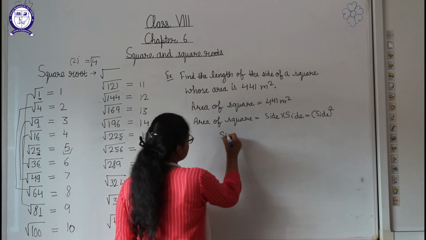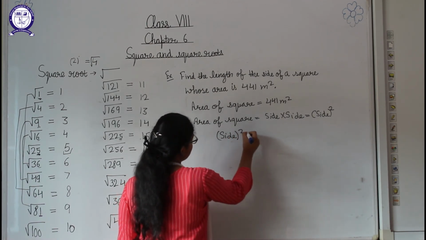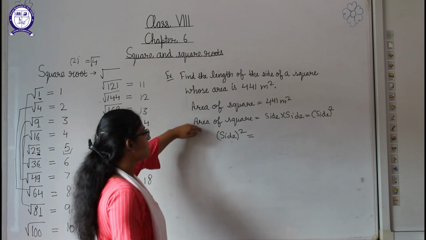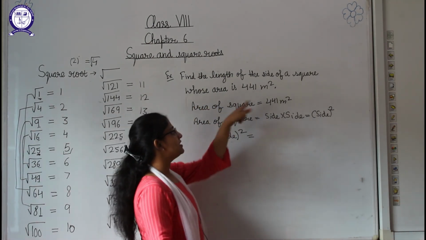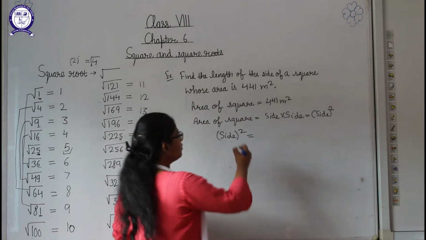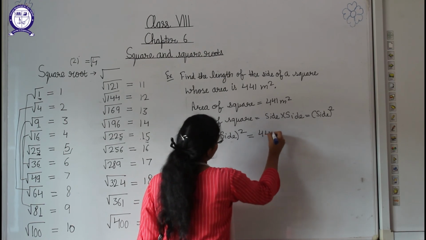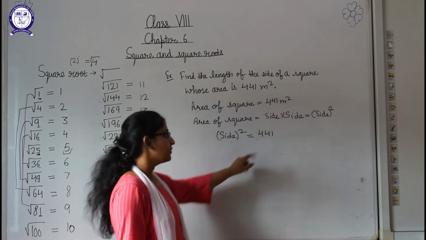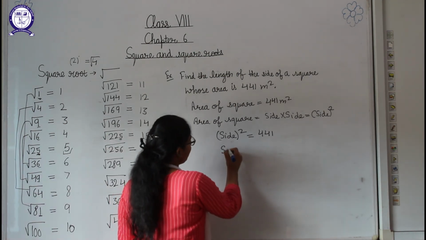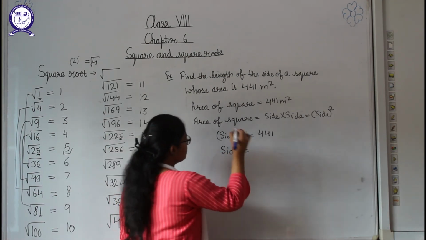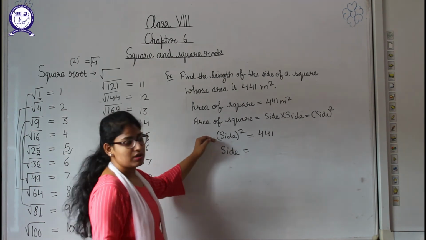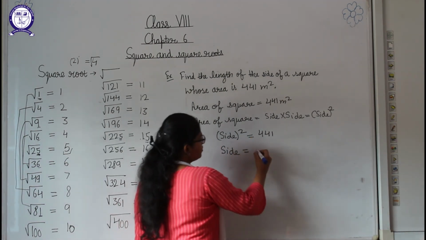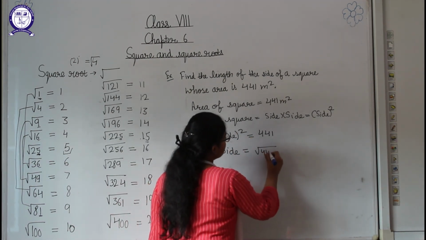Here side square is also the area of the square, and 441 is given to us as the area of the square, so we will equate them. So side square is equal to 441 here. Now students, as we have to find the side, as I told you earlier, square root is the reverse of square.